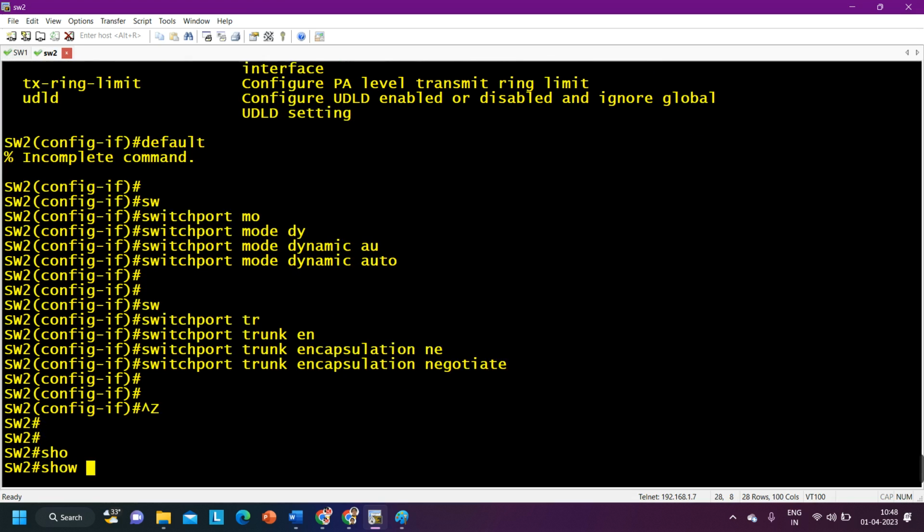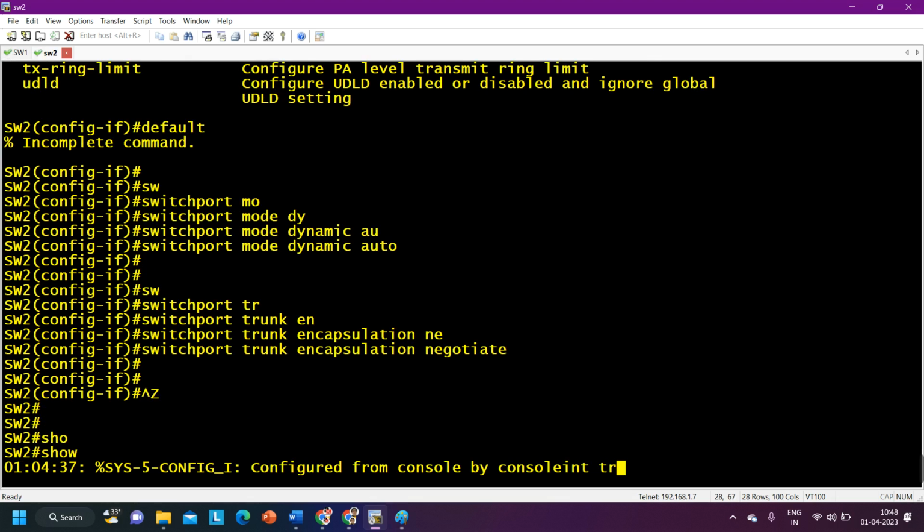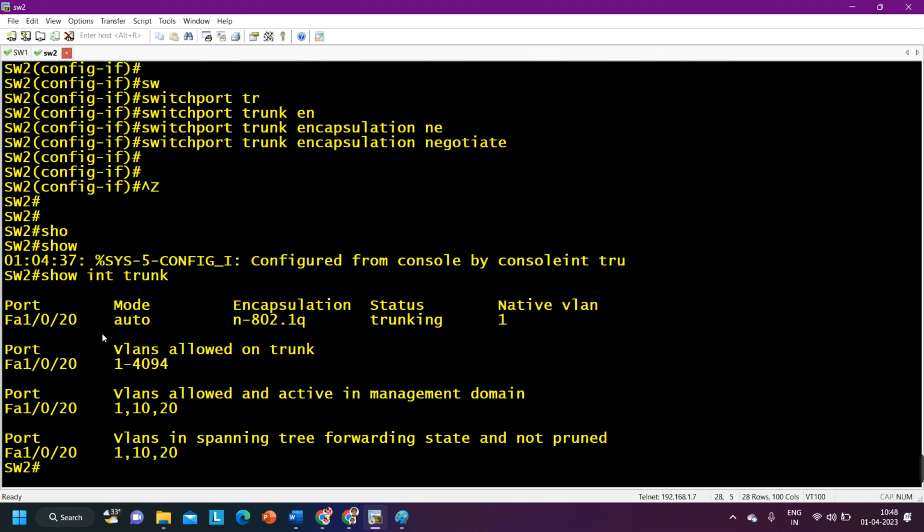And now if you verify over here, show interface trunk, you can see it is still showing trunking with the help of negotiation. Here are you able to see n means I have negotiated it. I am using this encapsulation protocol, but I have negotiated it, because here the encapsulation protocol is negotiate.